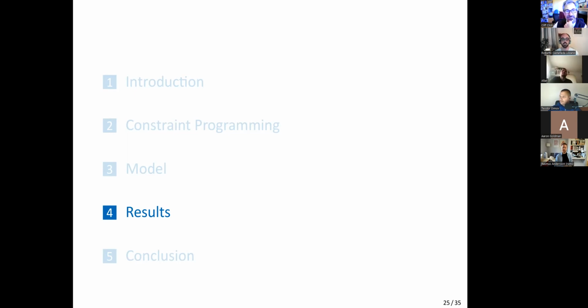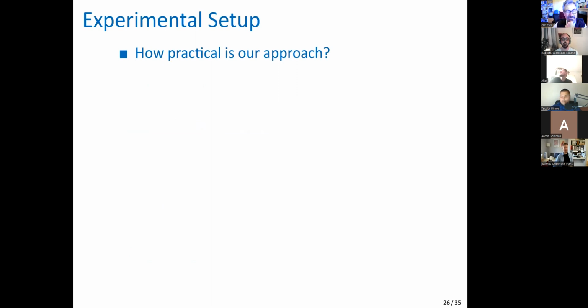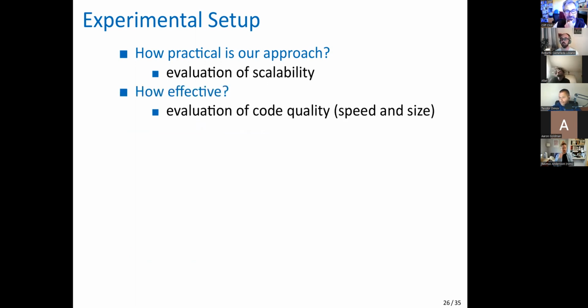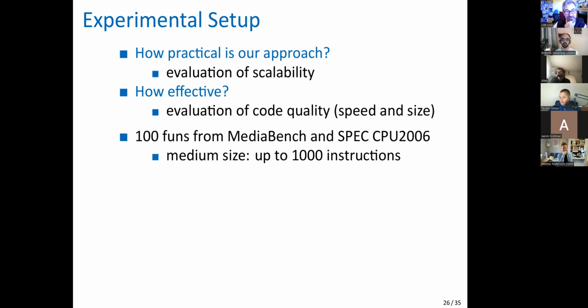Okay, let's move on to the results. So we wanted to find out how practical the approach really is, and for that we looked at the scalability, and then how effective it is. So we evaluated the code quality for speed and for size. Because of the scalability, we weren't in a position to compile whole benchmarks, with lots of functions.